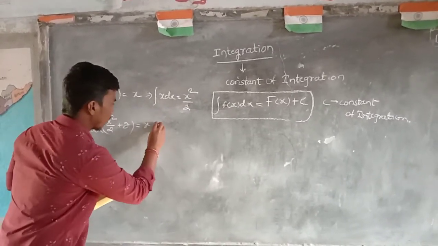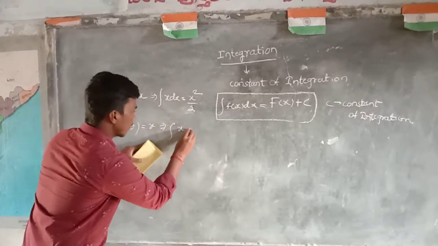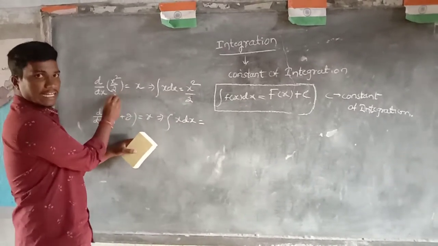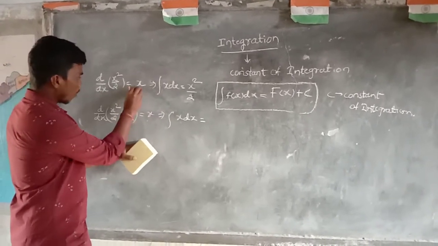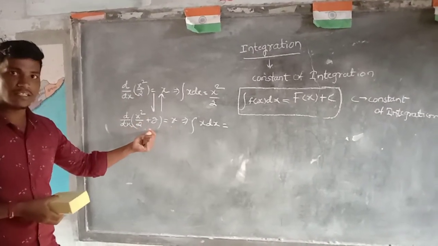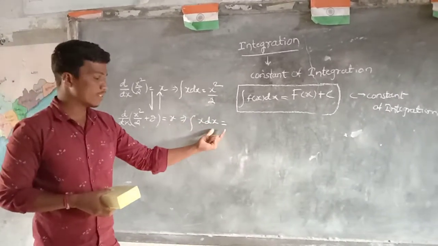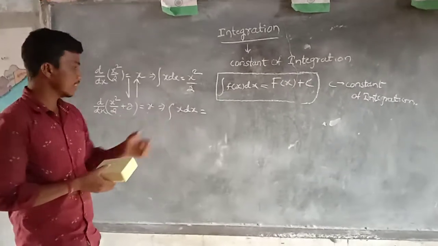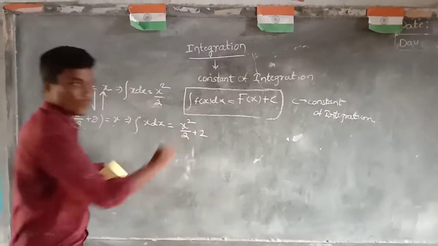So the integration of x dx here is different. In one there is no constant, but here there is a constant term, that is 2. So it will be different, and the integration of this is x square by 2 plus 2.